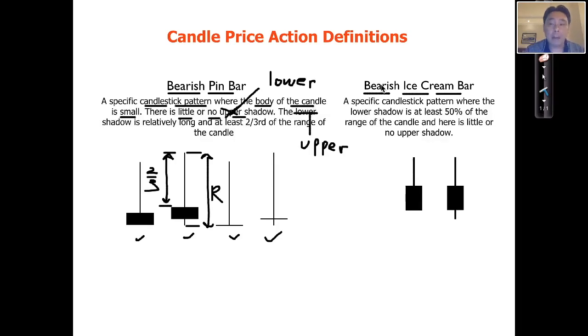Now, similarly, the bearish ice cream bar is a candlestick pattern where the upper shadow is at least 50% of the range of the candle. So notice that the upper shadow makes up half of the range, okay? And there's little or no lower shadow.